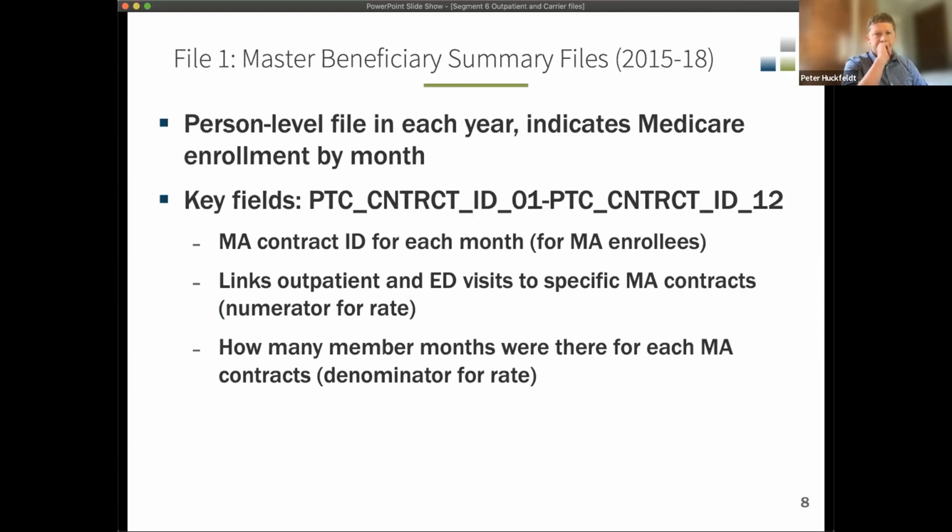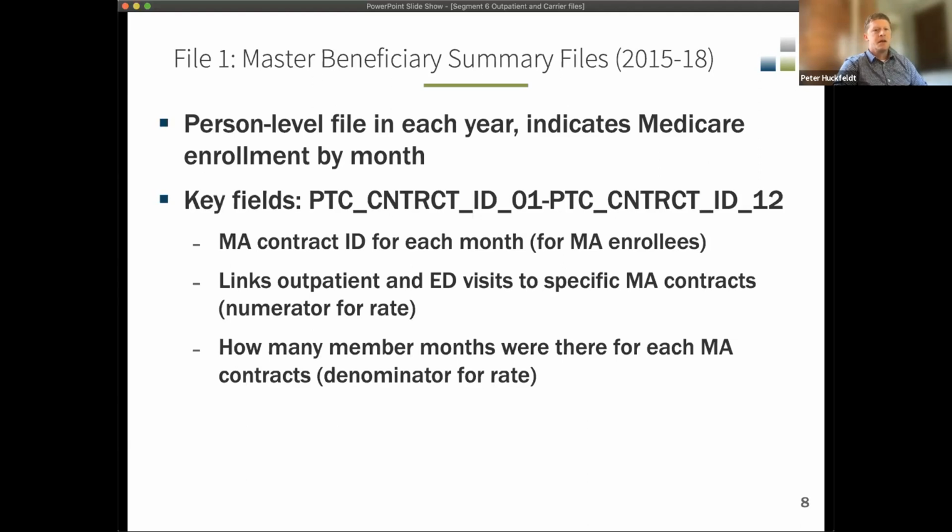The first data set that we used was the master beneficiary summary files. We use these data from 2015 to 2018. Just to review, the MBSF is a person level file in each year, and it includes lots of information. But among other information, it indicates someone's Medicare enrollment in each month of the year.